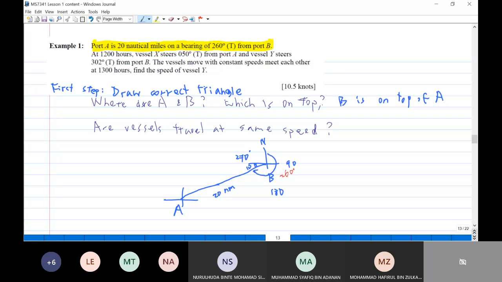Okay, then next question. At 12 hours, the vessel X steers 50 degrees from port A. Okay, vessel X steers 50 degrees from port A. So if you draw it, this is North now.